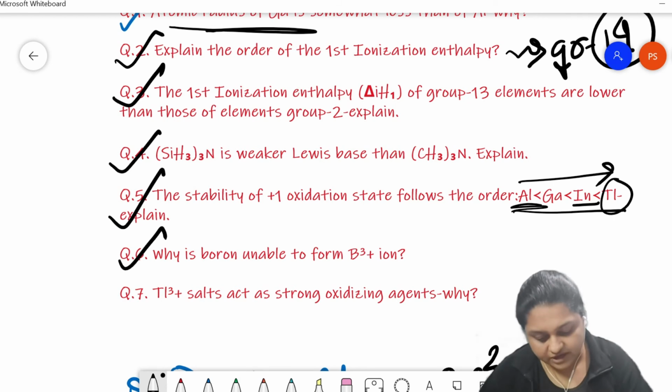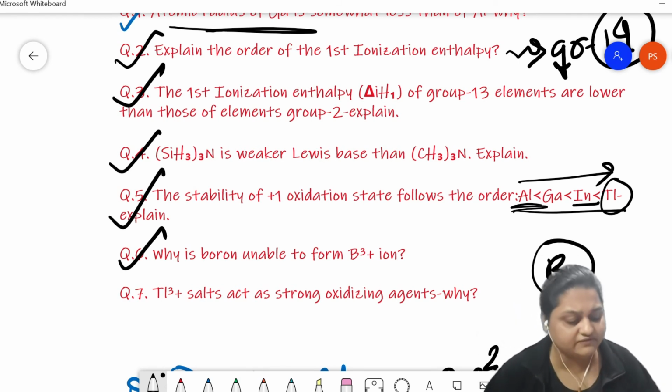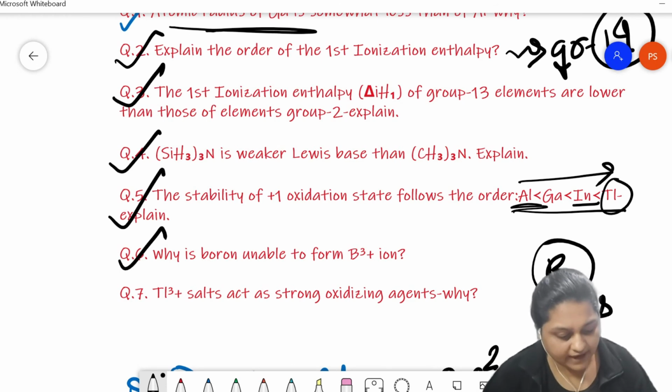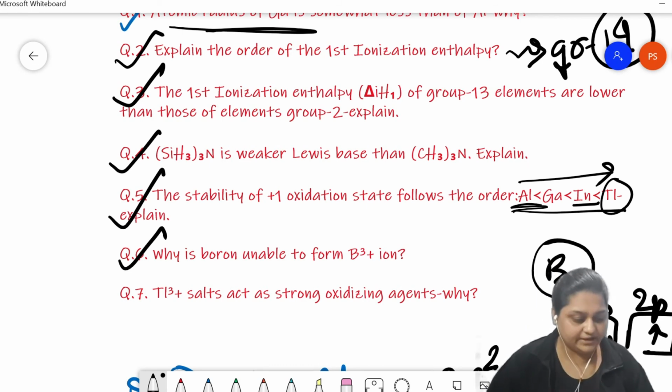Why is boron unable to form the B3+ ion? Now, boron is an extremely small atom with only 2s and 2p electrons.